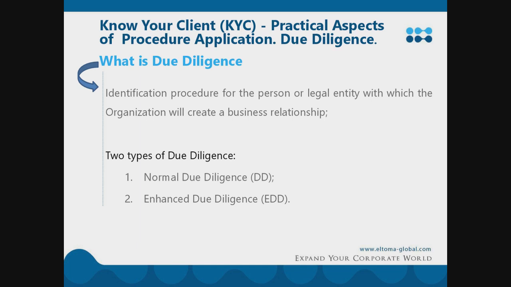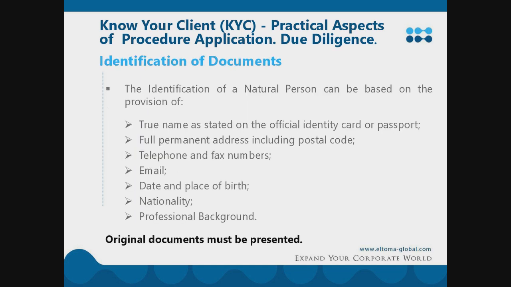So there are two types of due diligence. Normal due diligence, which is for normal risk clients, and enhanced due diligence, which is for high risk clients. So what is identification of documents?